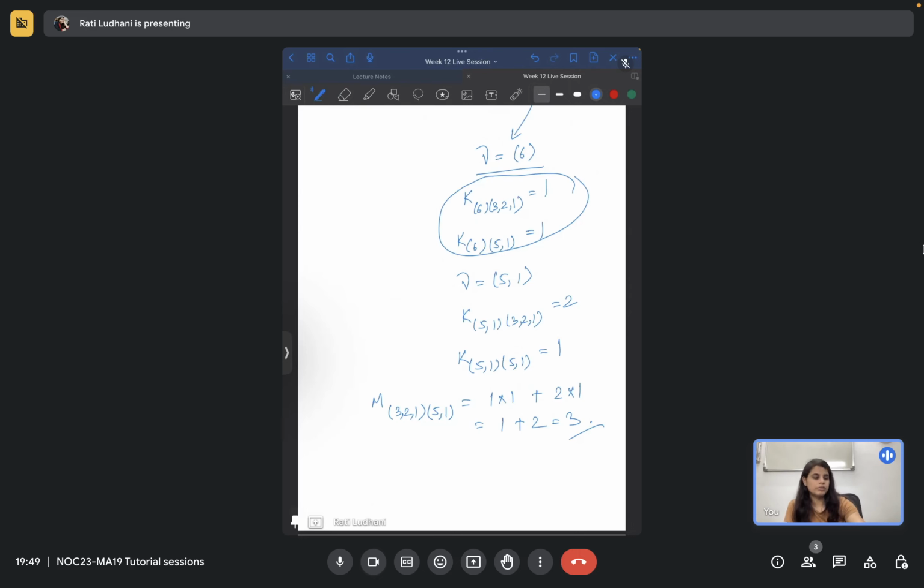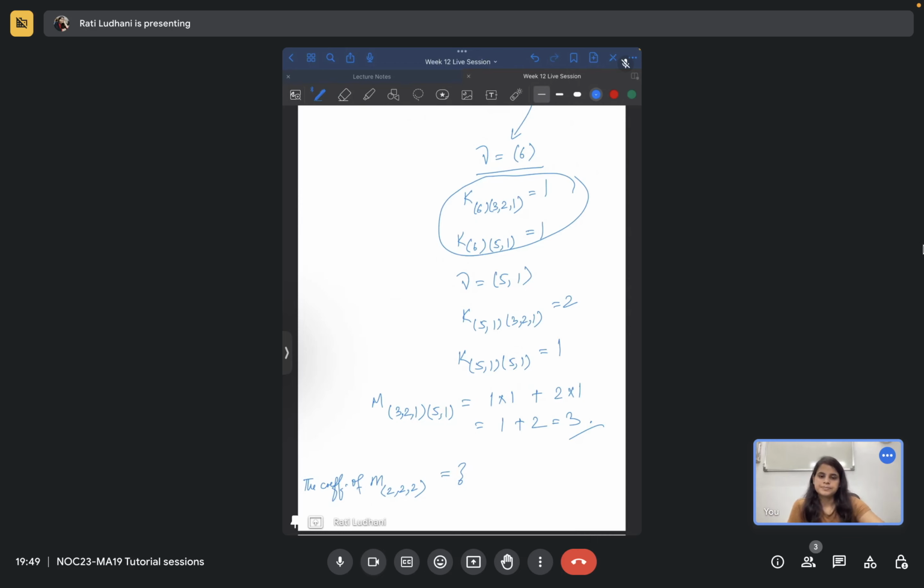For example, if you have just been asked to calculate the coefficient of 2 comma 2 comma 2, you can directly calculate using this part, or you can do the matrix thing, or the Kostka number thing. Both are fine, whichever you find interesting.